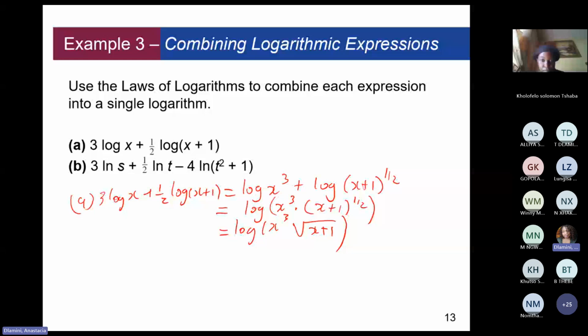Let's look at B. So I have 3 ln of s plus 1 over 2 t minus 4 ln of t squared plus 1. Please help me.